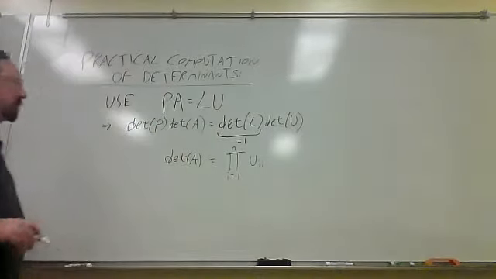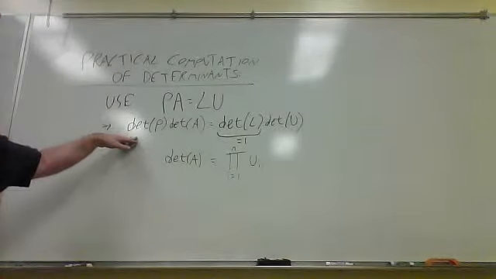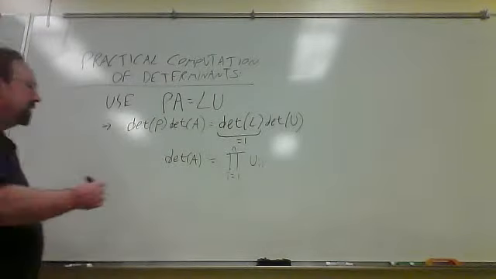The last thing we need to deal with is the determinant of P. Now, what's the determinant of P going to be? It turns out that it's an orthogonal matrix, and it's also a real matrix. So what happens in that case is the determinant is equal to plus or minus 1. Well, which is it? It turns out in this case, that's easy to tell.